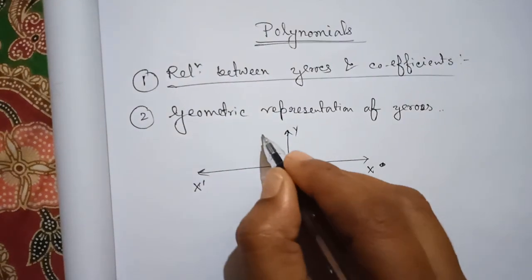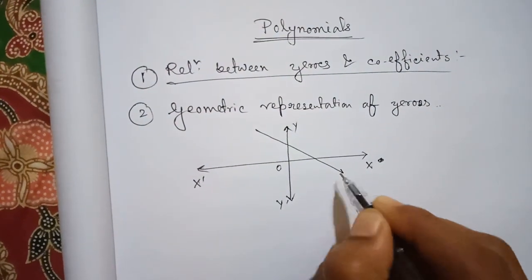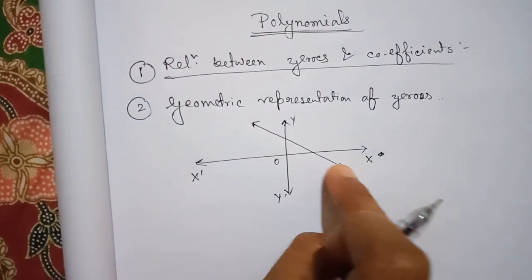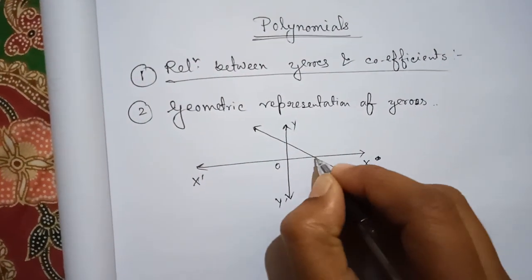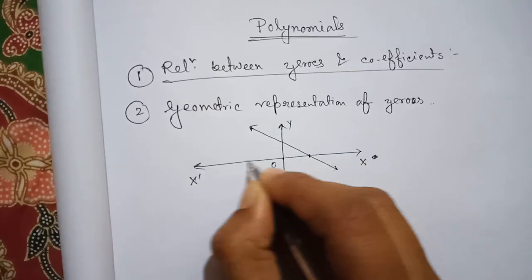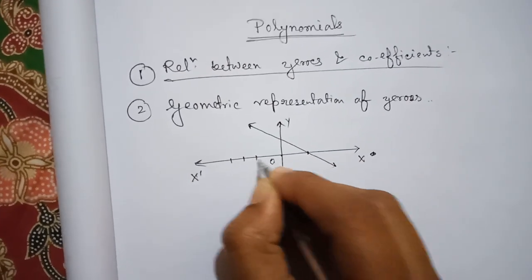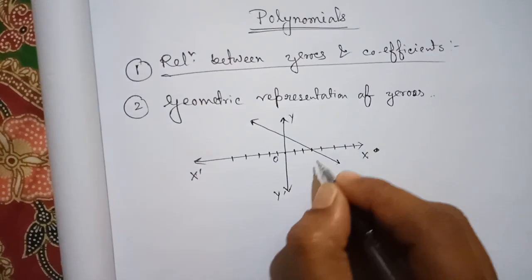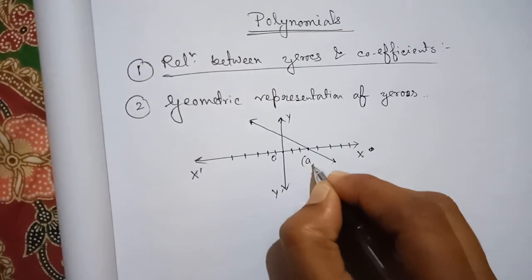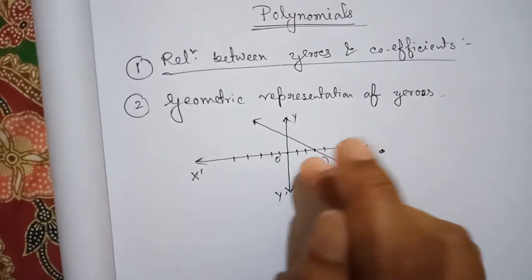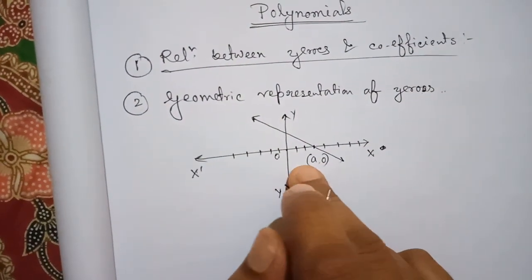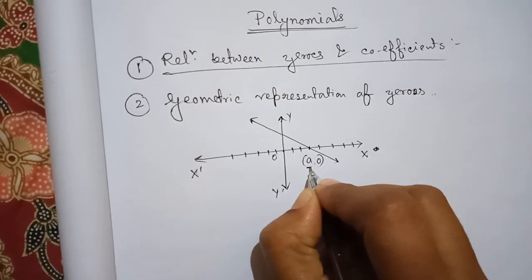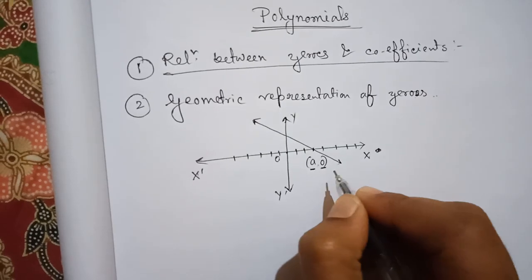Now suppose you are just drawing a line, that means a linear equation's geometric representation is this. Now you all know that all points on x-axis will be looking like (a, 0). A may be positive, negative, anything, but it will be looking like (a, 0). That means its x coordinate will be there, but y coordinate always vanishes.